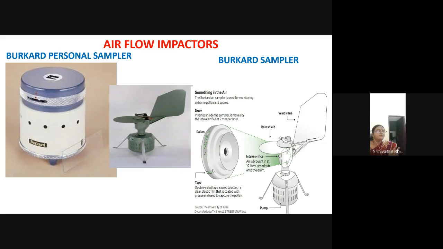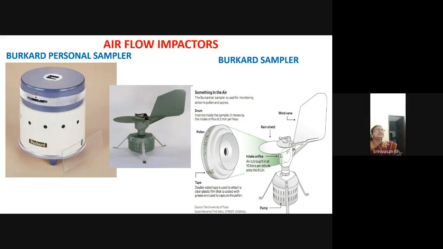The very important part in this Burkhard sampler is the drum, which has a double-sided sticky tape wound around it. This drum is fixed onto the sampler, and it moves 22 millimeters per hour. So it's a continuous air sampler which can run for a week, for 7 days. The sampler can be operated in a continuous manner, day and night.